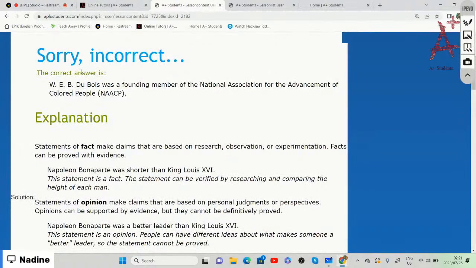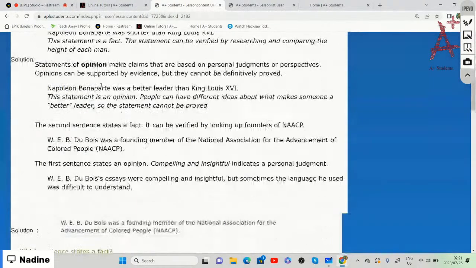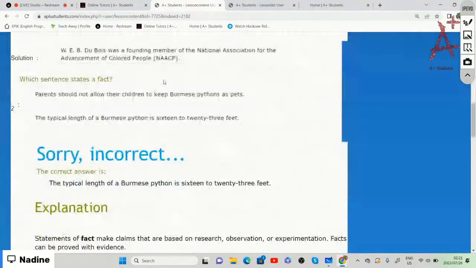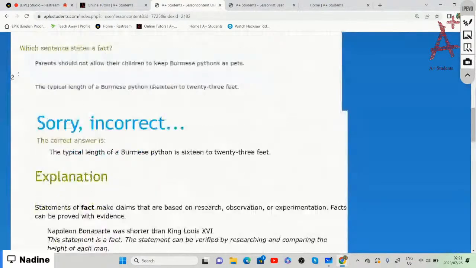All right. Which of these sentences, right, states a fact? We need to say which one states a fact. And remember, we said a fact makes a claim that is based on research, observation, or experimentation. So, which sentence states a fact?